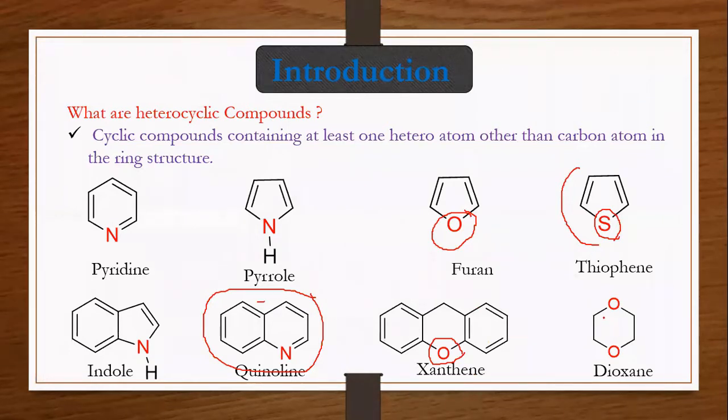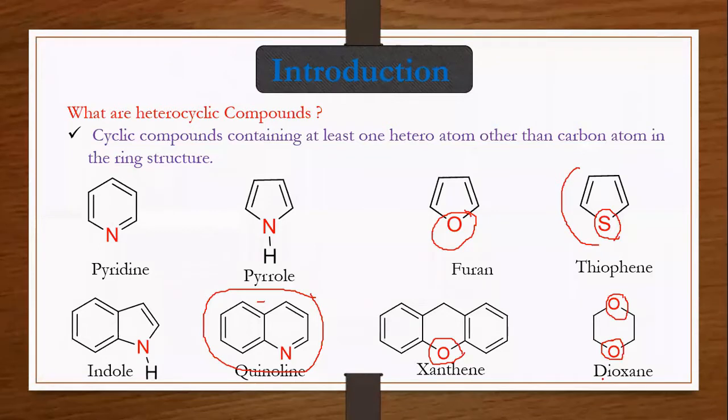Now, here you observe this is a 6-membered ring and having 2 oxygen atoms as heteroatom. Means in this case, there is the presence of 2 oxygens. Thus the name of this molecule is dioxane.